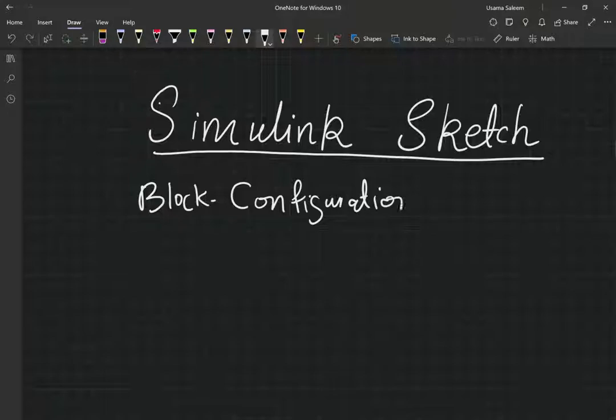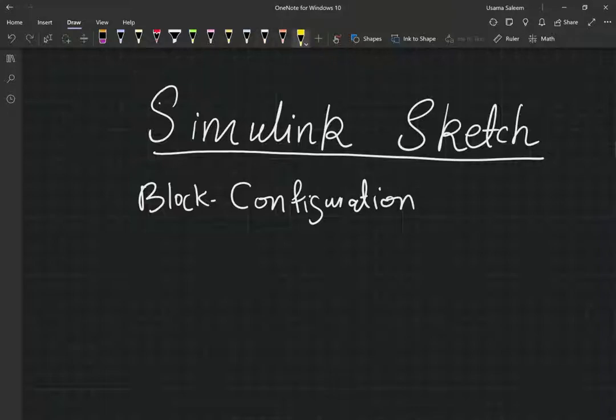Sketching my block configuration before jumping into the workspace of Simulink can save me some hassle, especially when you have multiple equations that you need to model. Drawing a sketch is like writing pseudocode. It really makes your process faster in the long run.